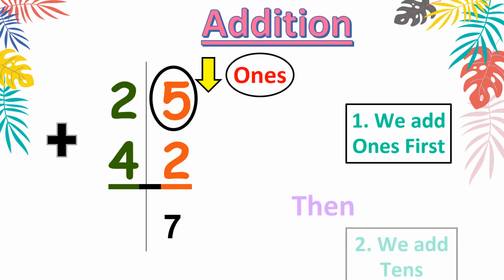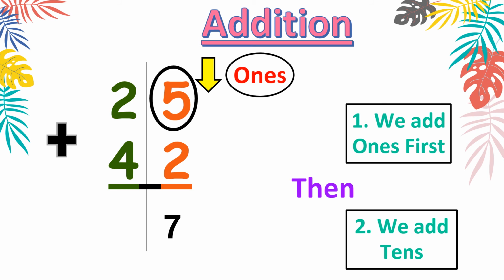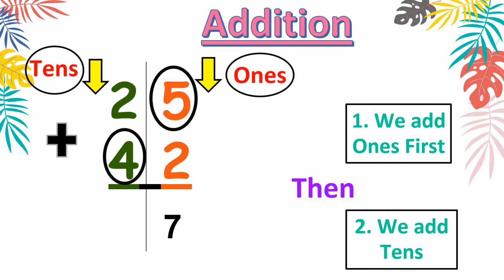Then we add tens. Where's tens here? Yes, 2. Okay, now we are going to make addition. 2 plus 4. What should I do? Circle the greatest number, put 4 in my mind, 2 on my fingers, and let's count after 4. After 4, 5, 6. So the sum is 67.